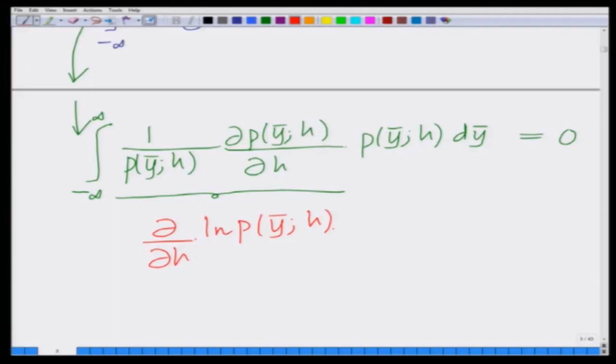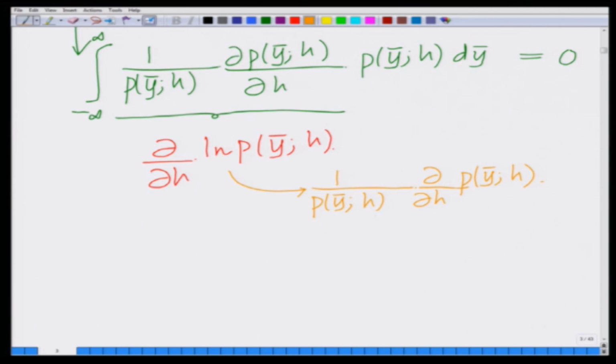Alright. So, just to rehash the same thing, the derivative of the log likelihood is 1 over p y bar parameterized by h times the derivative of p y bar parameterized by h with respect to h.